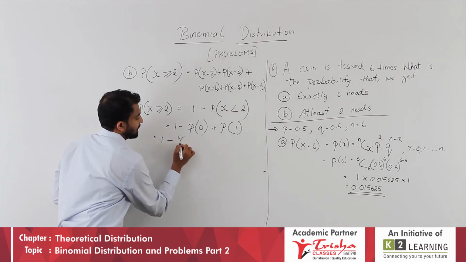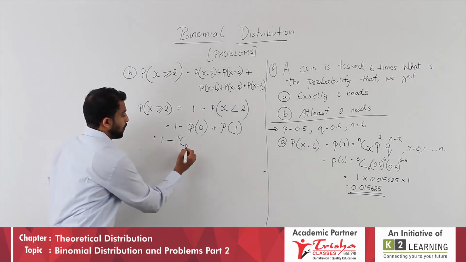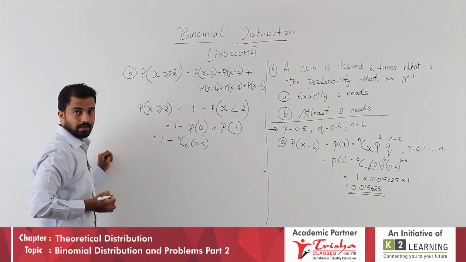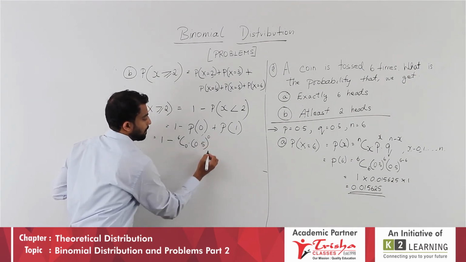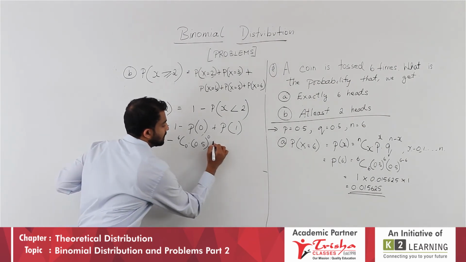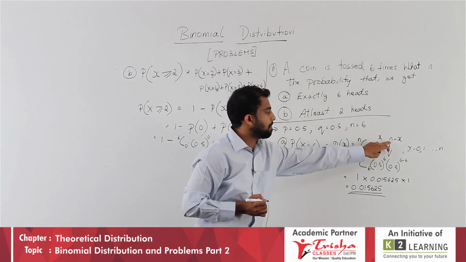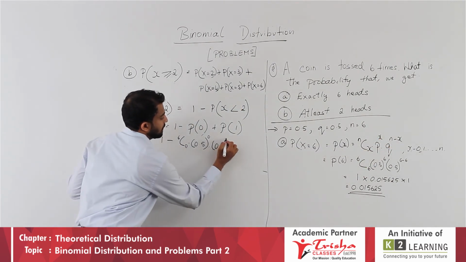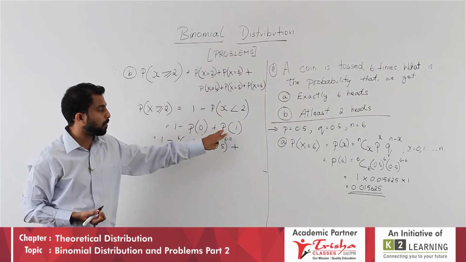N is 6, C, X is 0, into probability 0.5 to the power X, X is 0, into Q is 0.5 to the power N minus X, which is 6 minus 0. Plus, what is the probability of 1?